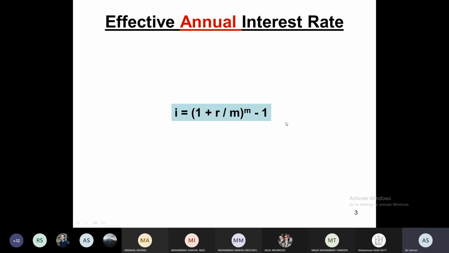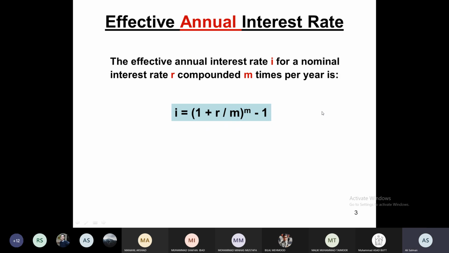Instead of solving a problem like we did in the last lecture and then seeing its effect and calculating the effective annual interest rate, from this formula we can directly calculate it. The effective annual interest rate I for a nominal interest rate R compounded M times per year is (1 plus R over M) raised to the power M, minus 1. So you need to know what R is and what M is.